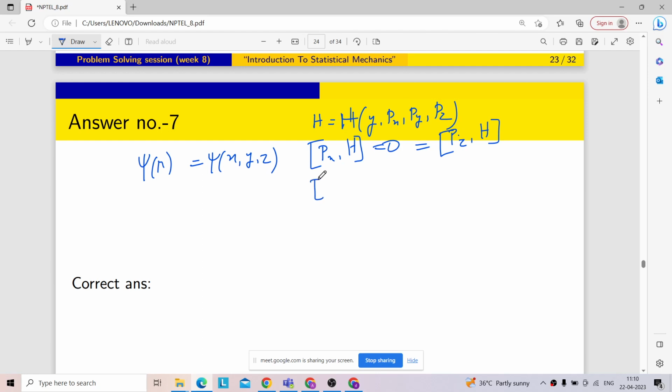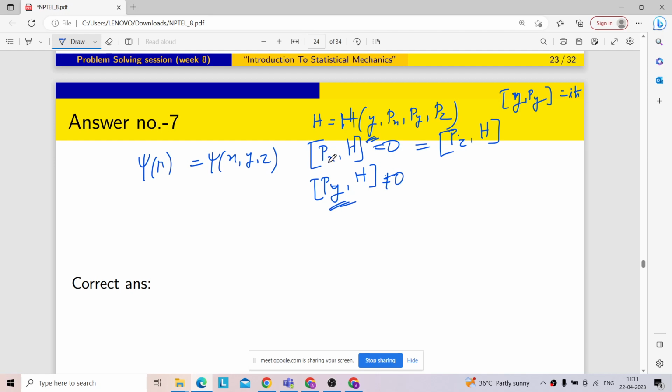So if I take py commutation with H, there is a y dependence here, so we know the commutation relation of y and py, it will give i h cross. So it won't give me 0 for the py case.